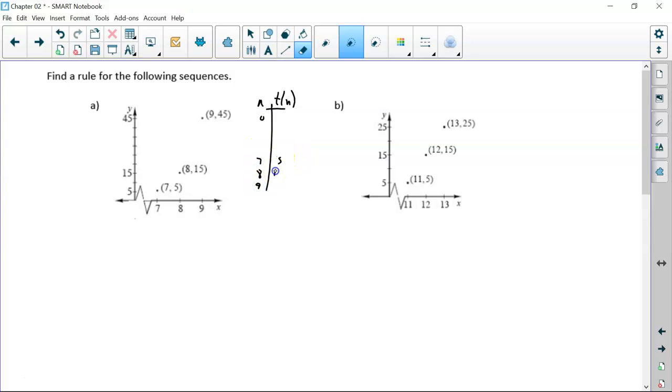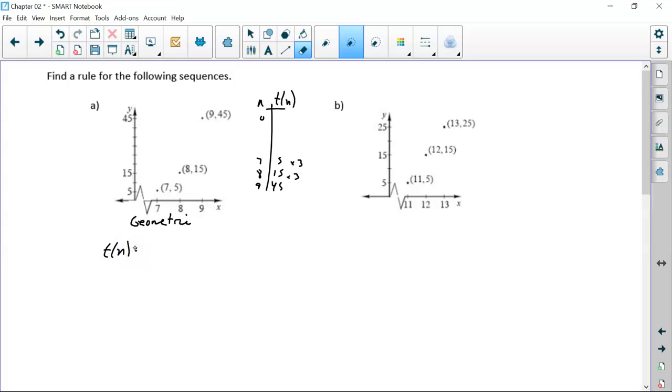So we're going from 5 to 15 to 45. We're multiplying by 3 each time. So our T of n, this is geometric, excuse me. So T of n equals.